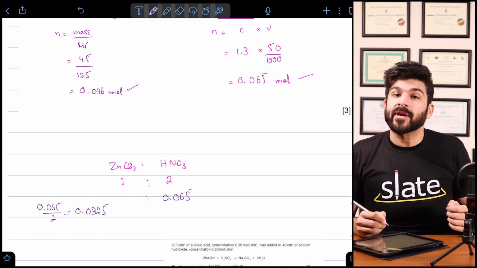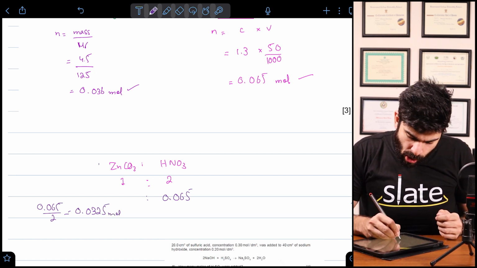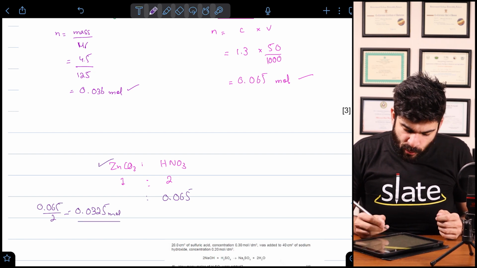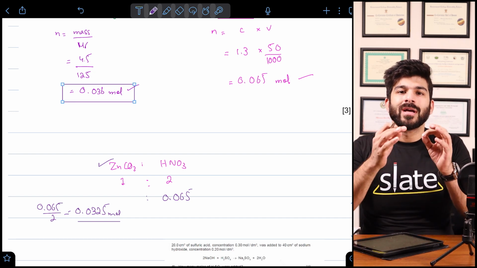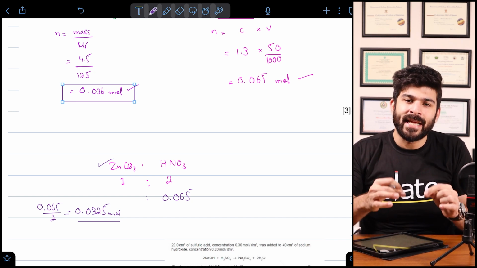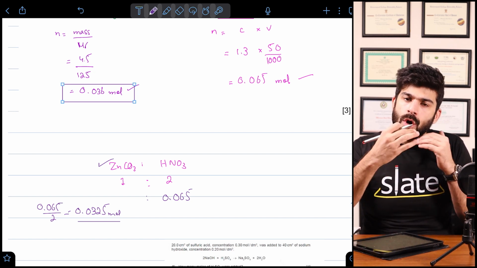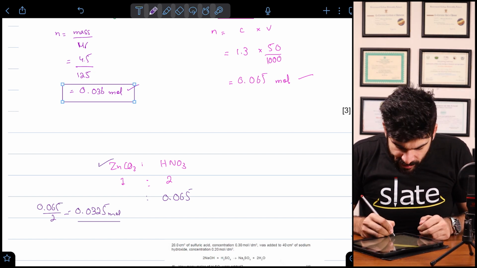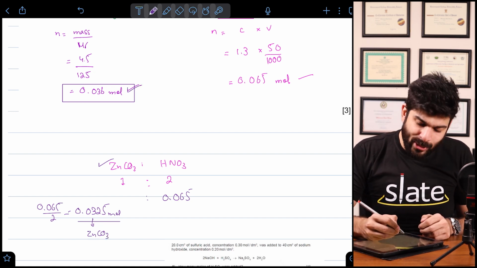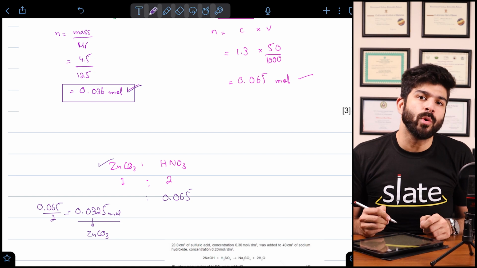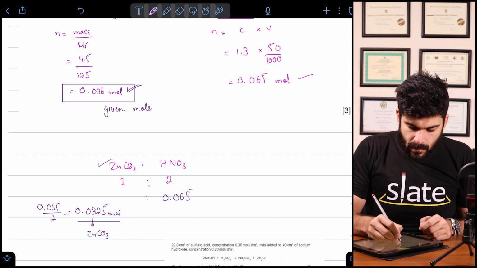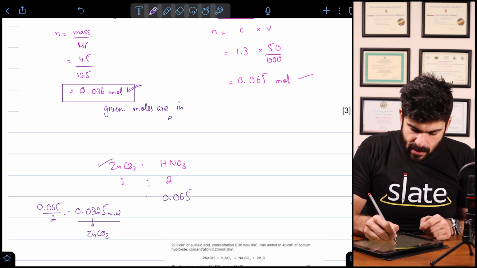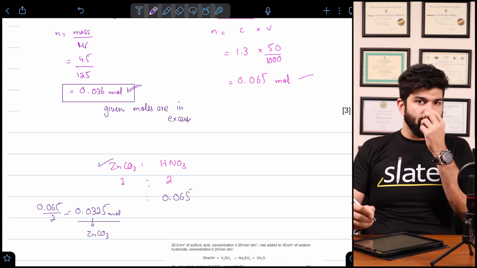So as per the stoichiometric calculations, the required mole of zinc carbonate are 0.0325, but we have 0.036 moles. Therefore, zinc carbonate is in excess. That is how you calculate that the stoichiometric moles of zinc carbonate are 0.0325, but the value that is given to you, that is 0.036 moles. So the given moles are in excess.